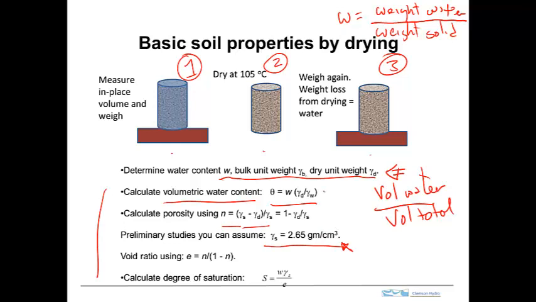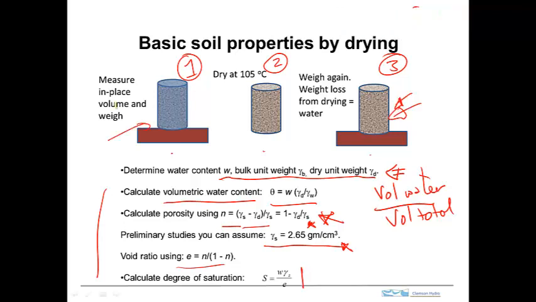If you do that, then you can calculate what the porosity is, because that term there, gamma sub s, needs to be known for the porosity calculation. So the void ratio is related to the porosity, and you can then also calculate the degree of saturation using this expression.